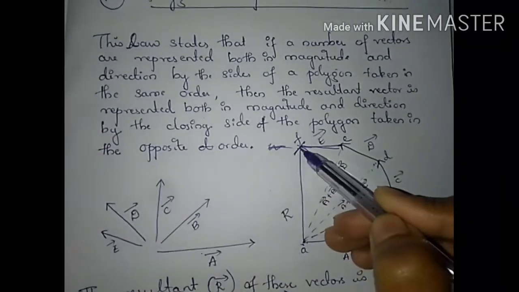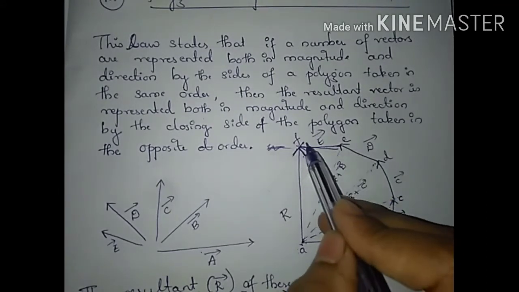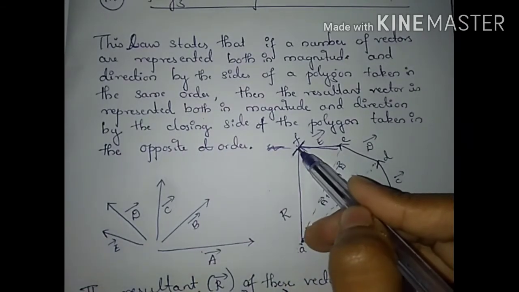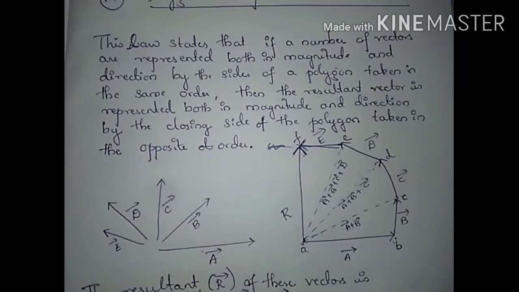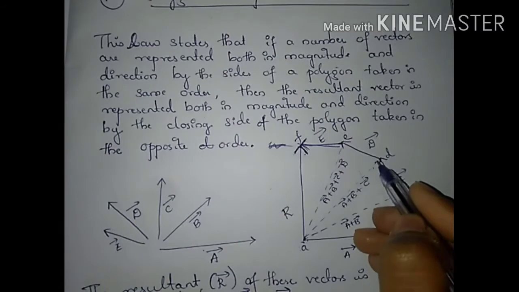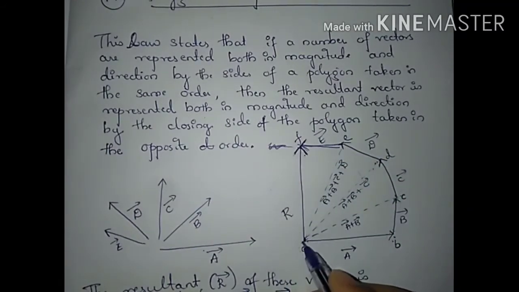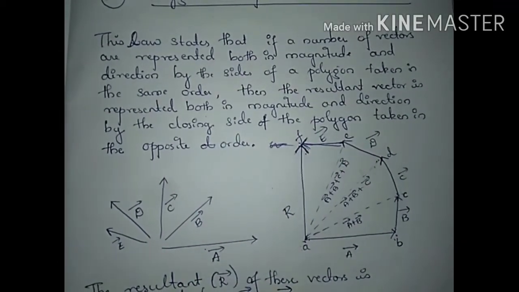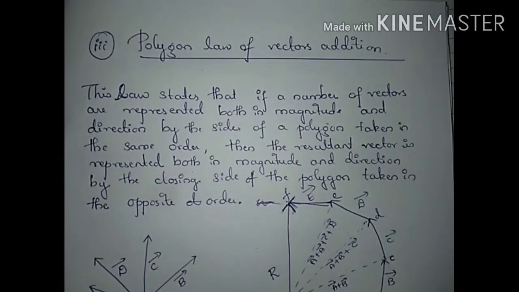So here if you observe, the resultant vector is in opposite direction to the direction of all the vectors. This is not exactly opposite, but the order of this resultant vector is opposite. So you have started from here, so this should end like this, but the resultant is in this direction. So that is in opposite direction. So this is the polygon law of vectors addition.